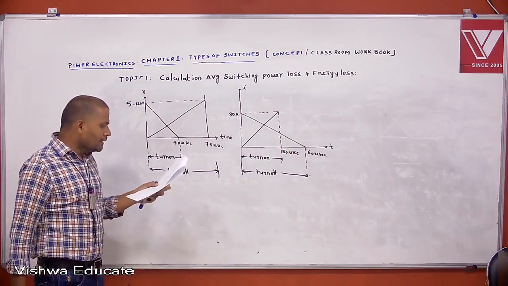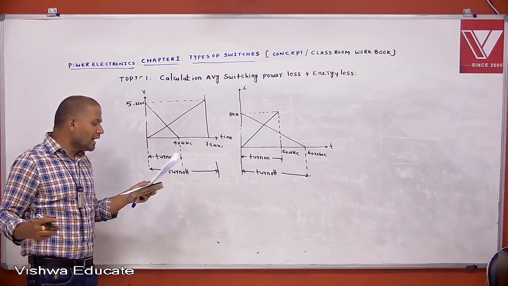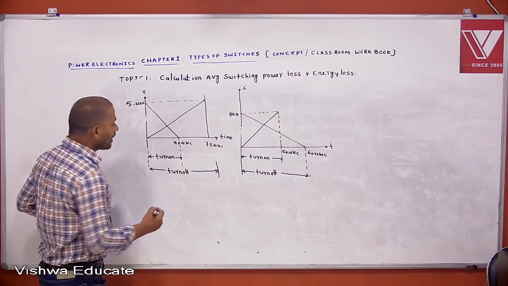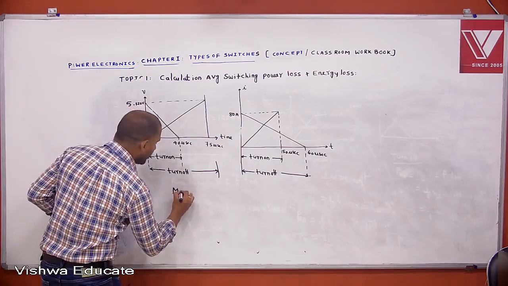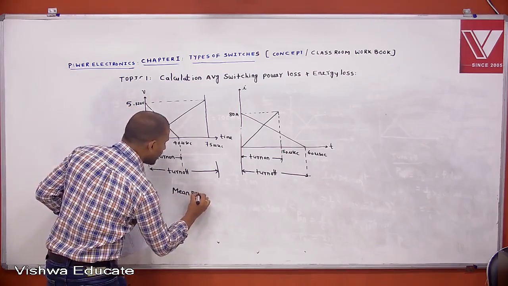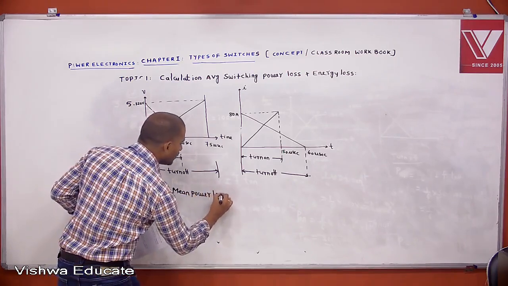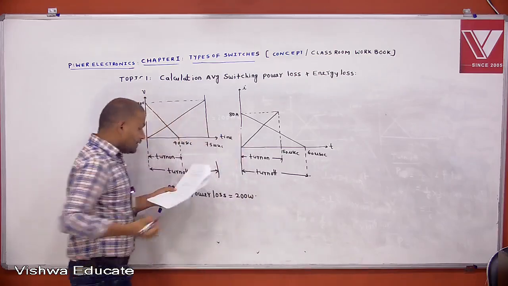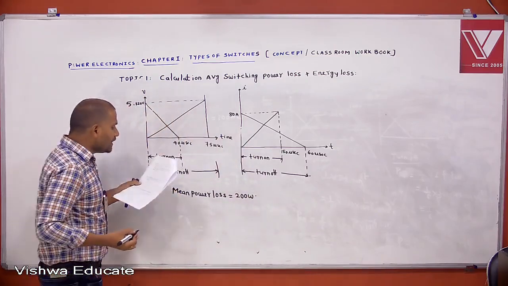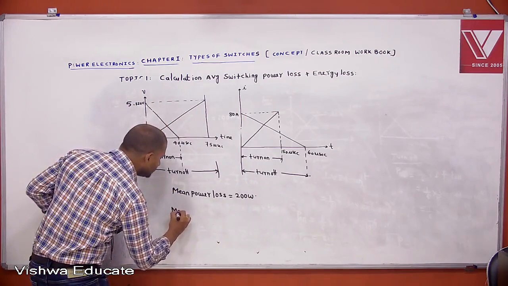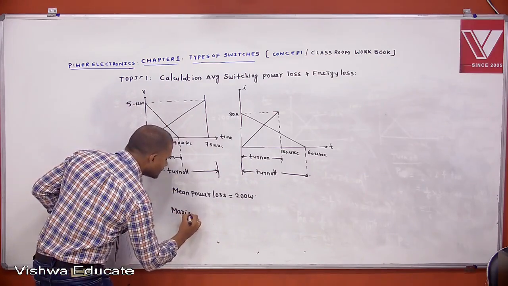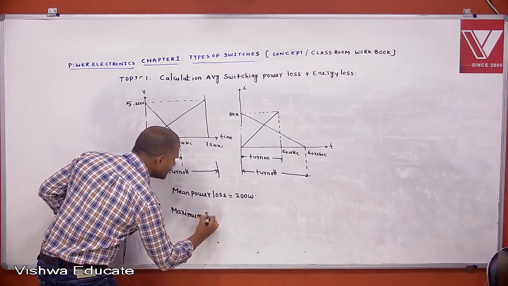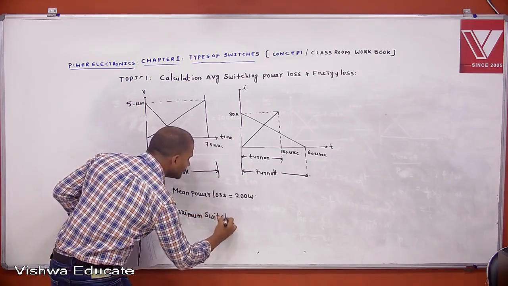Then you calculate the maximum switching rate that can be achieved. Given that mean power loss, how many watts? Mean power loss equal to 200 watts. Then you calculate the maximum switching rate, that is the switching frequency.